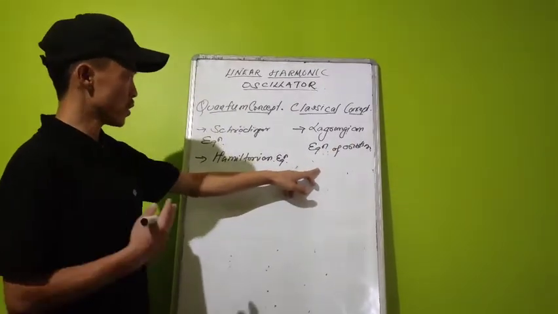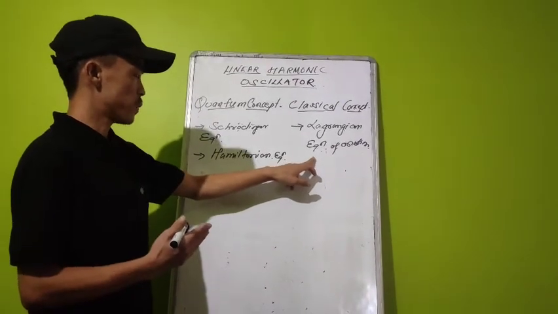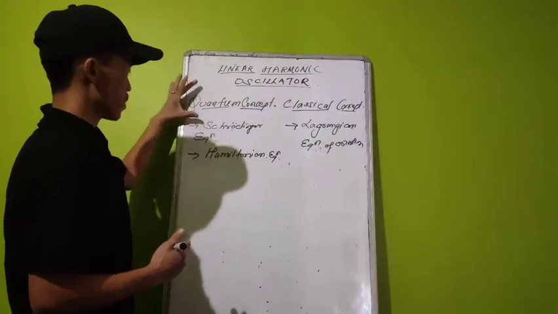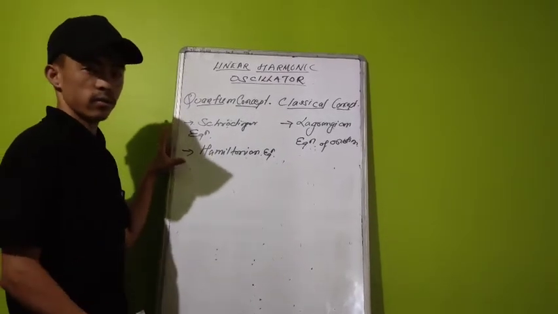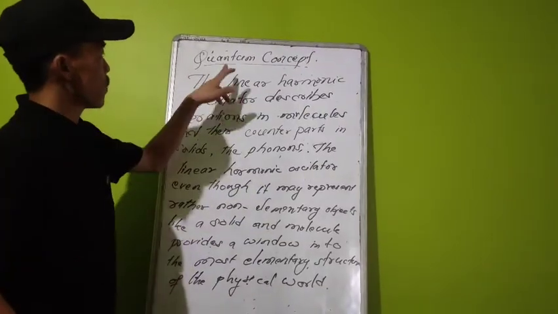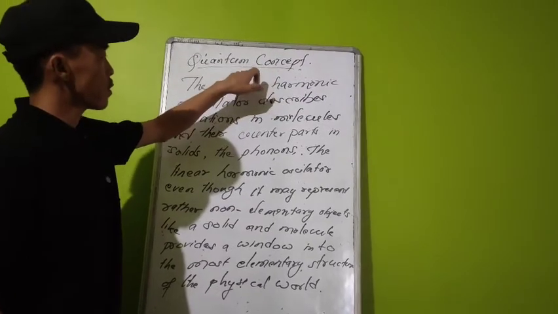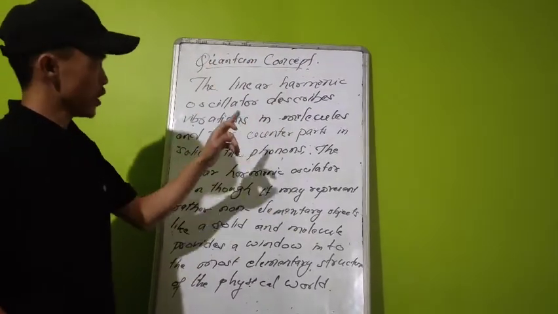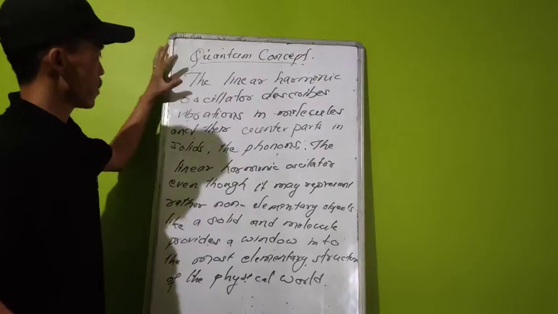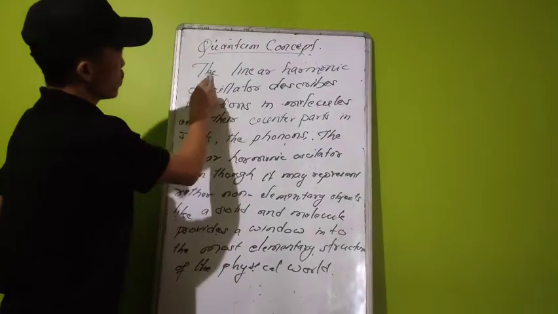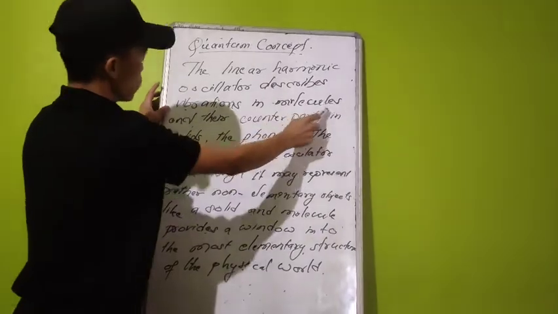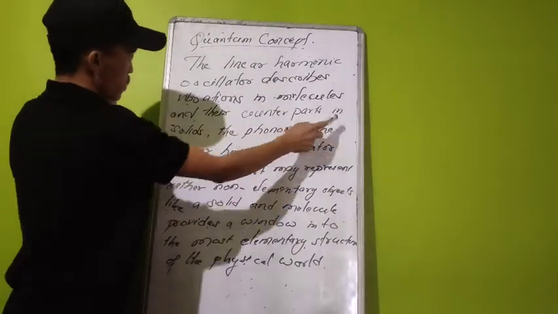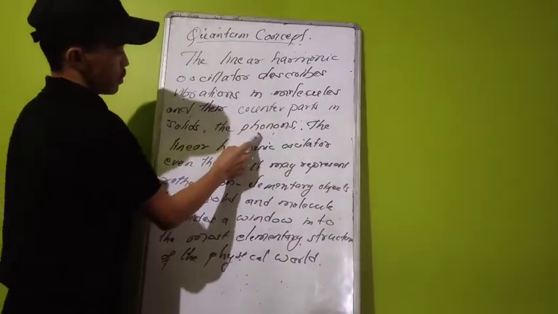For the next part, I will be explaining the quantum concept, with a simple definition and giving the equations. So, the quantum concept: the linear harmonic oscillator describes vibration in molecules and their counterparts in solids, the phonons.